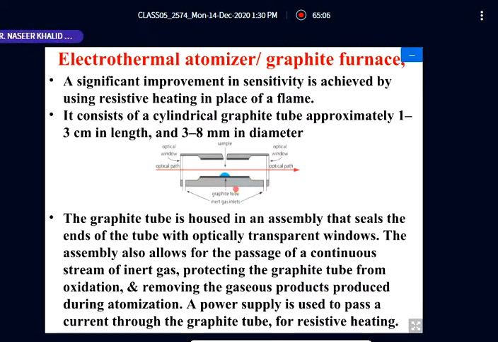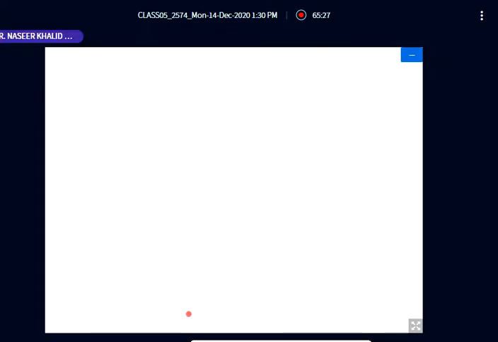We can control this temperature and create conditions such that all the processes we observe in the flame take place here in the tube, and that is the simplicity here.